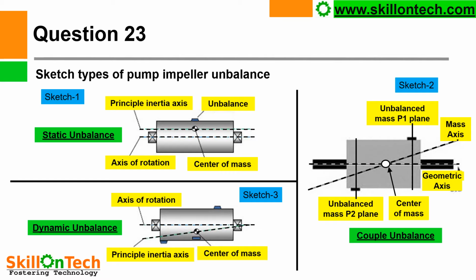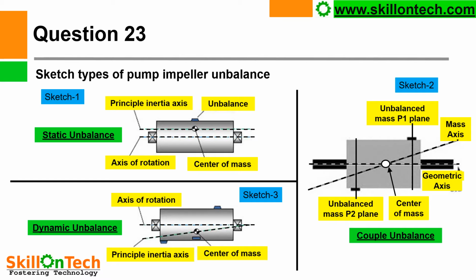The center of mass, meaning the inertia axis, is different and there is an uneven distribution of mass. One single mass is shown as an unbalance. So in this kind of condition, a static unbalance will be adjusted in the rotor.